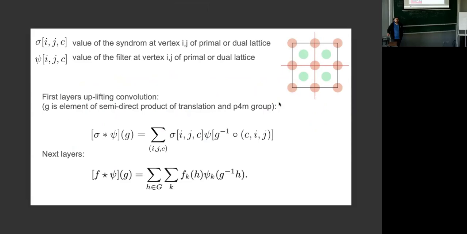We do it in 2 steps. Firstly we uplift from the lattice coordinates to the group coordinates, and then, okay, we have both on the group and we just convolve. So it's like usual convolution, but the first time we estimate the value not only at the syndrome point, the lattice point, but also acted on by, say, rotation, rotated by 90 degrees, and so on.